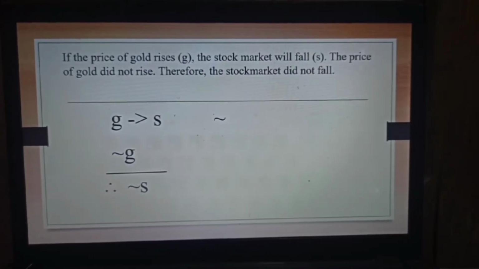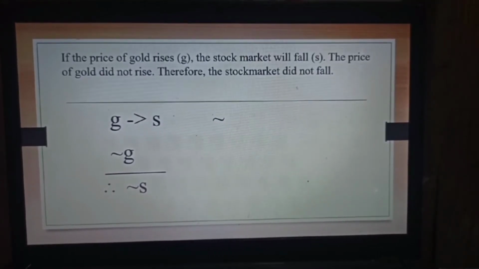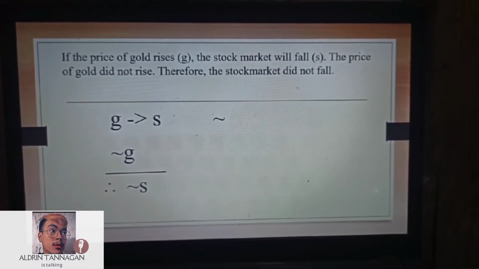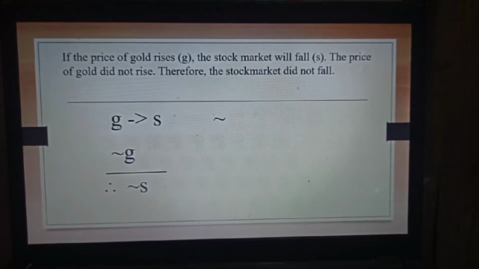So okay, obviously this is an if-then statement or conditional because may if tayong word dito. So sa first premise natin, meron tayong arrow. Yung first na statement dito, sabi, the price of gold rises, G. So G yung ilalagay dito. Then the stock market will fall, S. So S ang ilalagay dito.